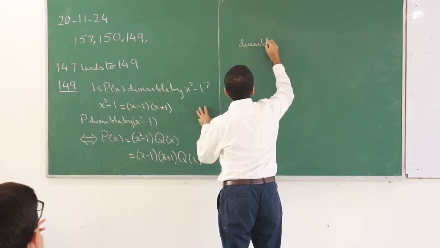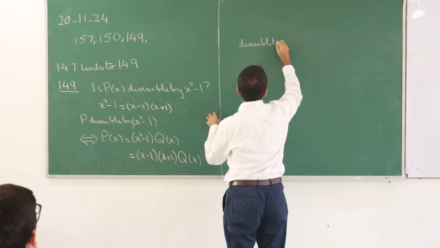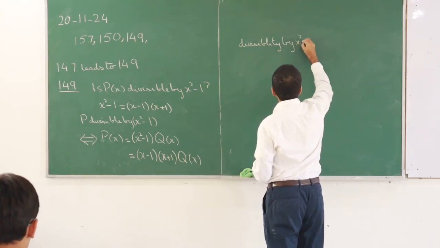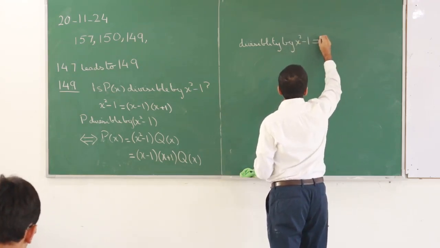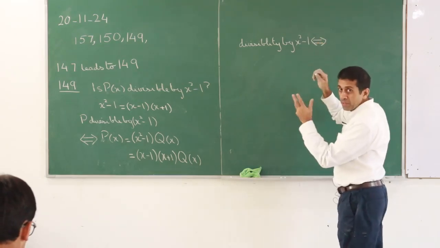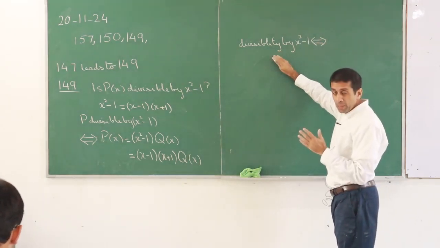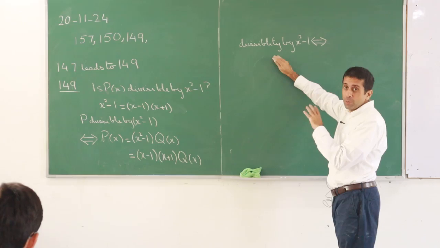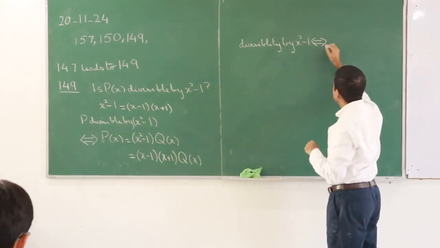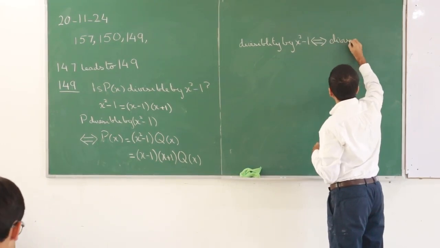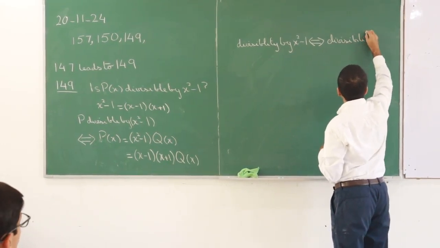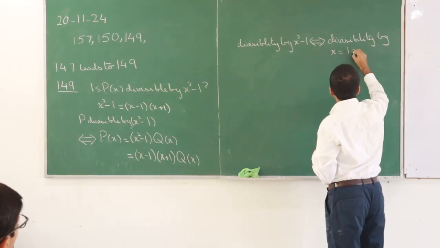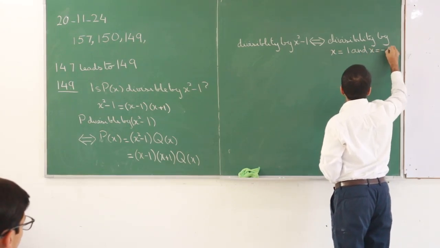Divisibility by x square minus 1 is equal to, यानी कि if and only if statement है कि if you are divisible by x square minus 1, then you will be divisible by x minus 1 and x plus 1, and if you are divisible by x minus 1 and x plus 1, then you will be divisible by x square minus 1. It is the same as divisibility by x equal to 1 and x equal to minus 1.